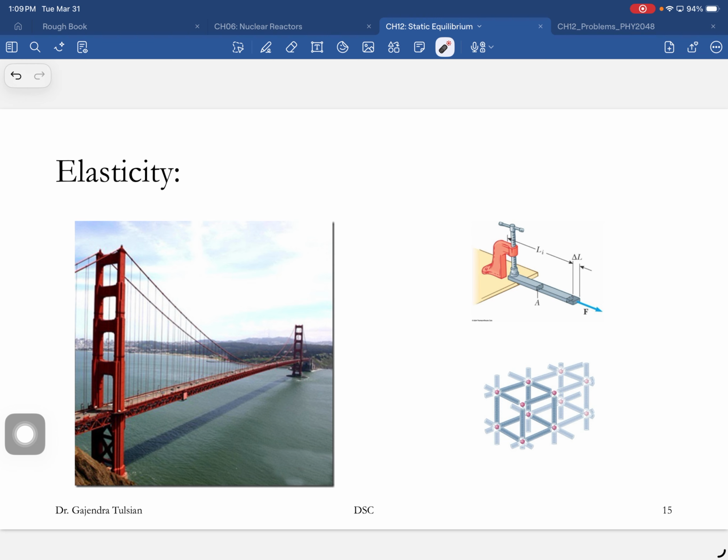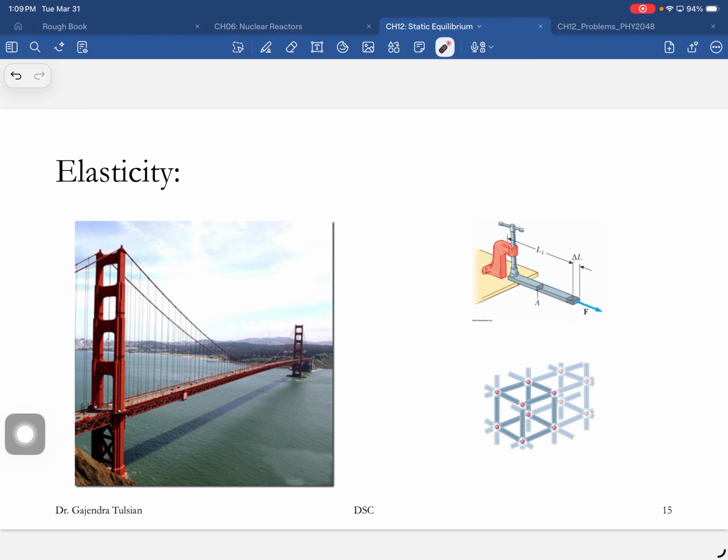Okay. Now the question is, how did it decide how much to stretch and then stop? For instance, if you applied twice the force, then it would stretch twice as much. Okay, it's like a rubber band. It's exhibiting linear behavior. How does it decide how much to stretch?